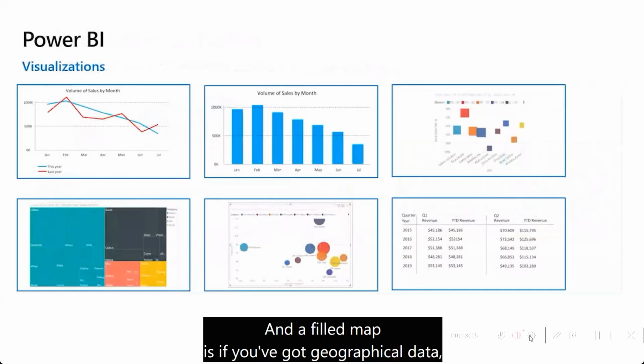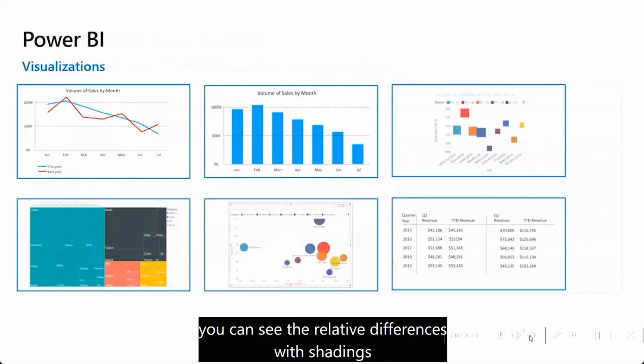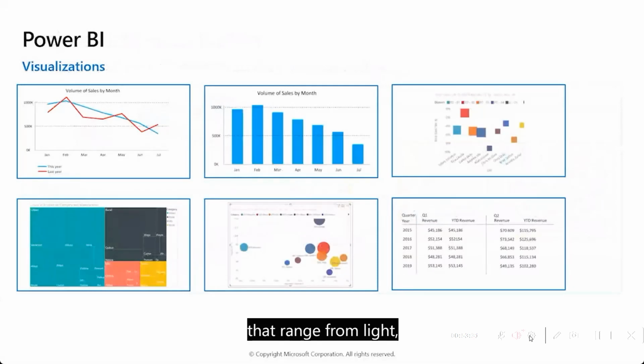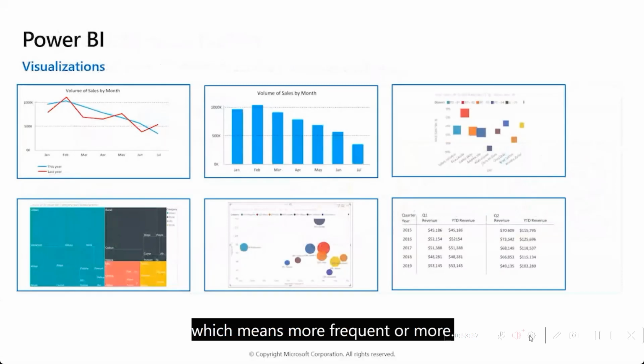And a field map is, if you've got geographical data, you can actually use a field map to display how a value differs in proportion across a geography or region. And so you can see the relative differences with shadings that range from light, which generally means less frequent, or lower, to dark, which means more frequent or more.